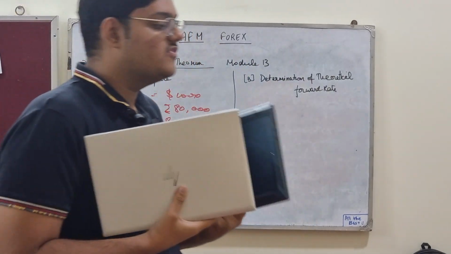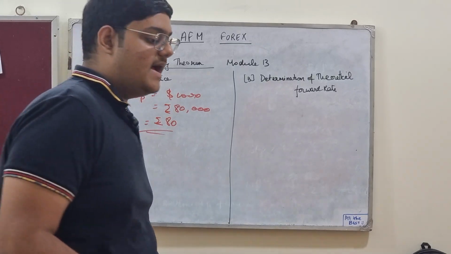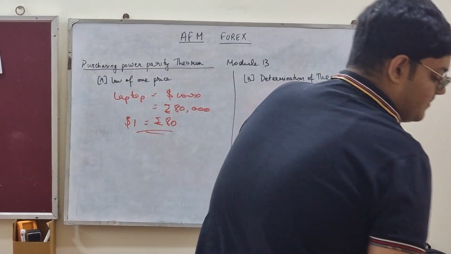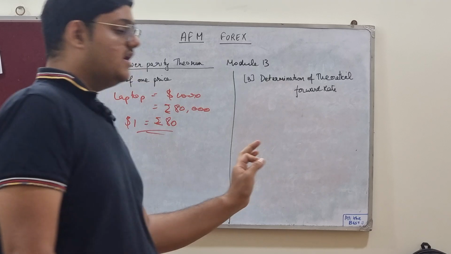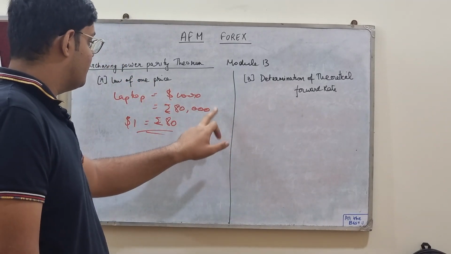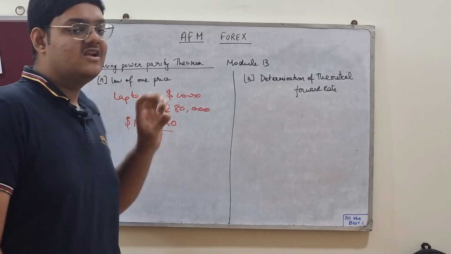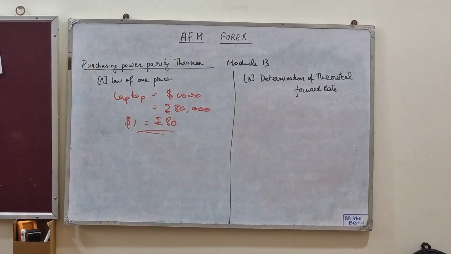I cannot compare both of these. For example, they say you can't compare apples with oranges. That's the same thing. If the same commodity, the exact same thing, has two different price quotations, the buyer should be indifferent where he buys it. That is what law of one price says.